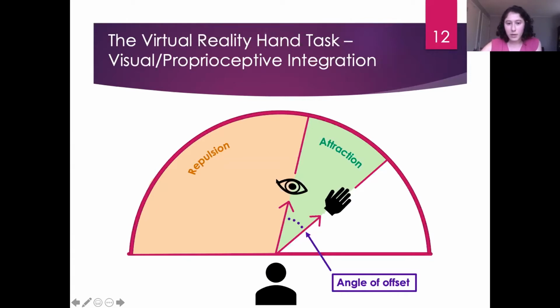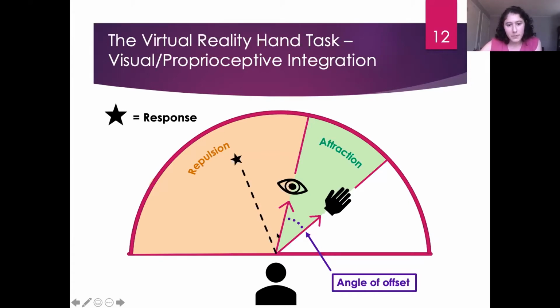So in some of the trials, the dots are moving exactly the same direction as the hand, but in most of the trials, they are offset in some way, although the participant does not know the amount of the offset. So for the response portion of the trial, there are two options for what the participant can be doing. So if their response is over here, we call this repulsion.